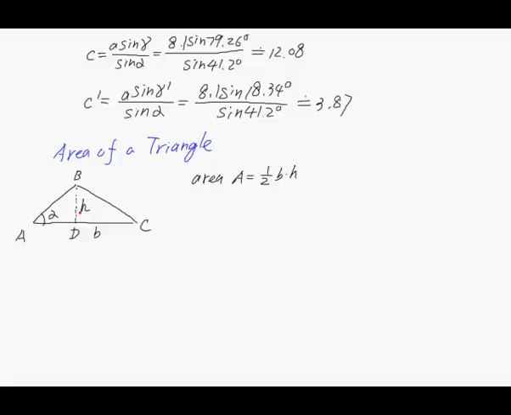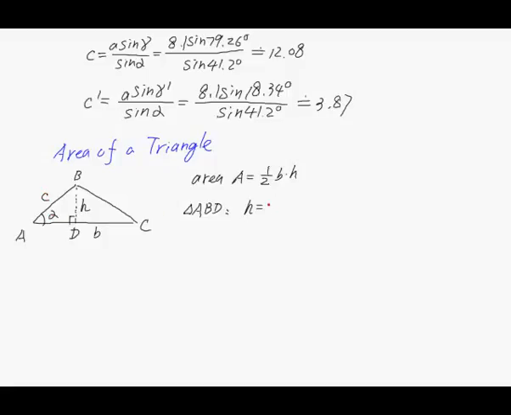Now, in the triangle ABD, this right triangle ABD, we have h equal to this c times sine alpha, right?